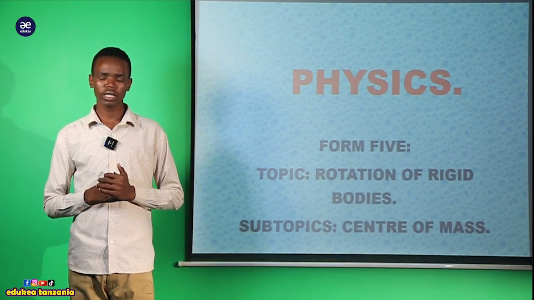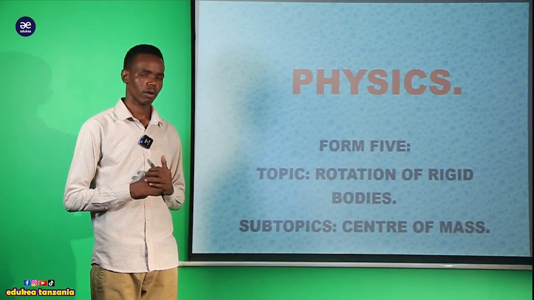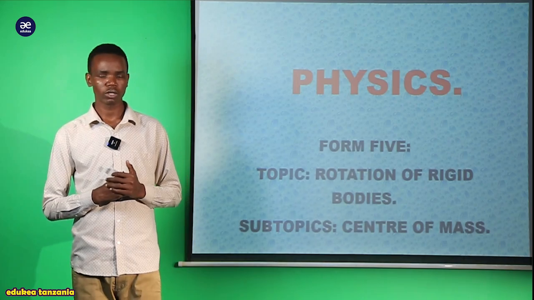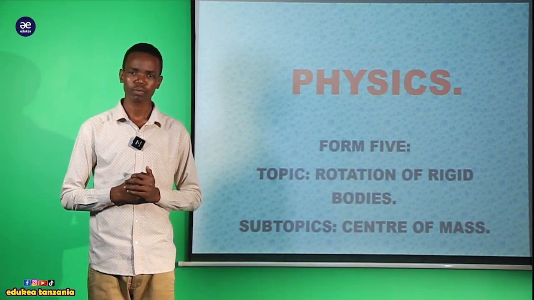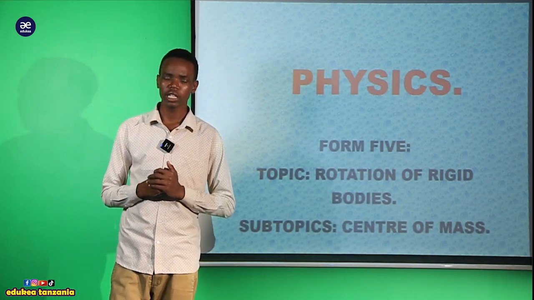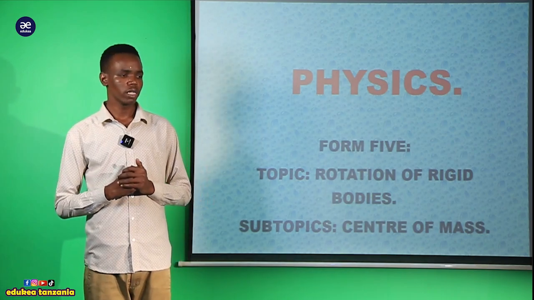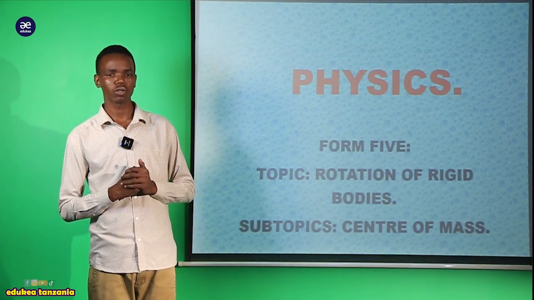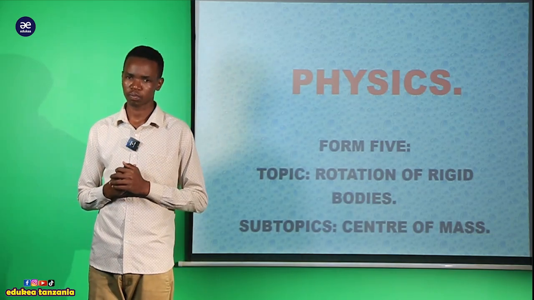So, my lovely student, before we proceed with our discussion here, we are supposed to remember what we tried to see in the last session. In the last session, we tried to see some examples related to what we saw in the past sessions.